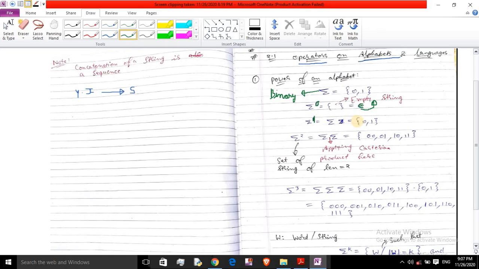We have only alphabet symbols of single length, 0 and 1. An empty string is a string of length 0. So this is a string of length 1. We have only two symbols, 0 and 1.